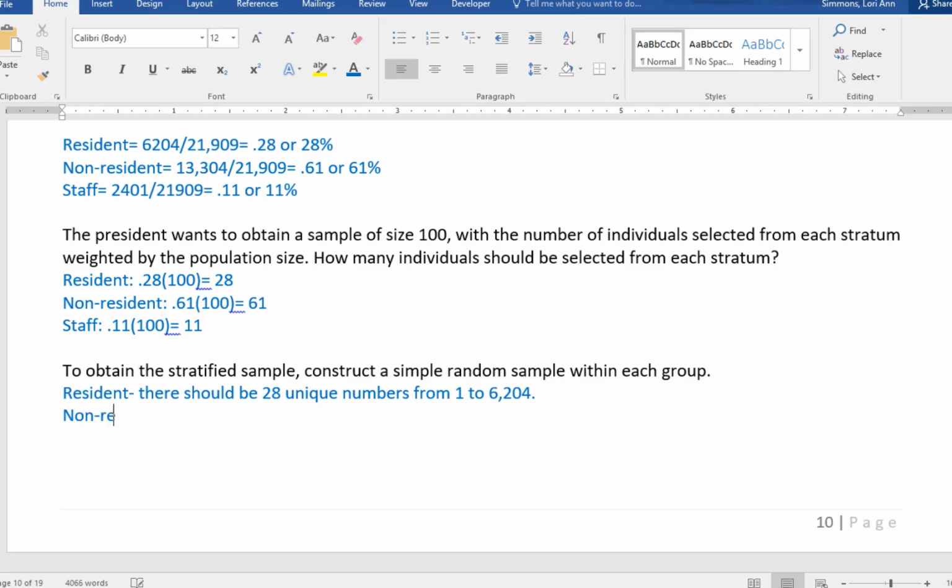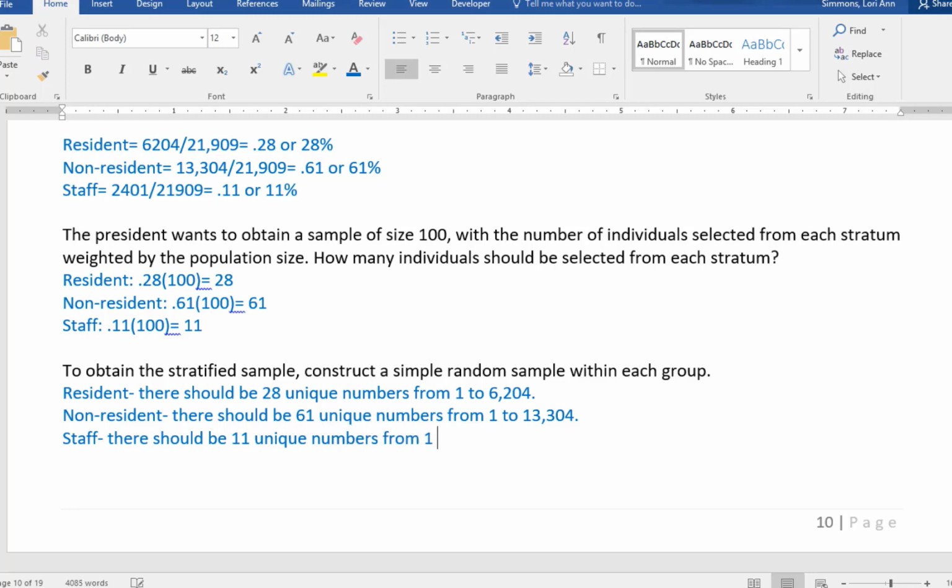Then for non-resident, there should be 61 unique numbers from 1 to 13,304. And then for staff, there should be 11 unique numbers from 1 to 2,401.